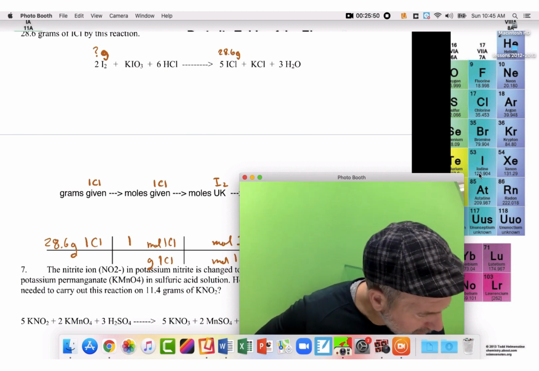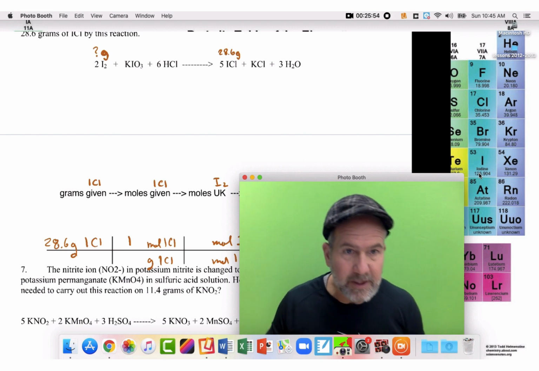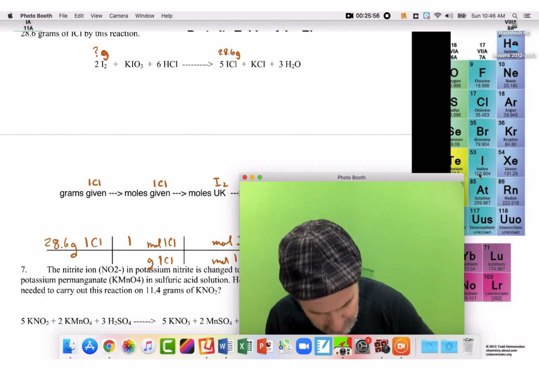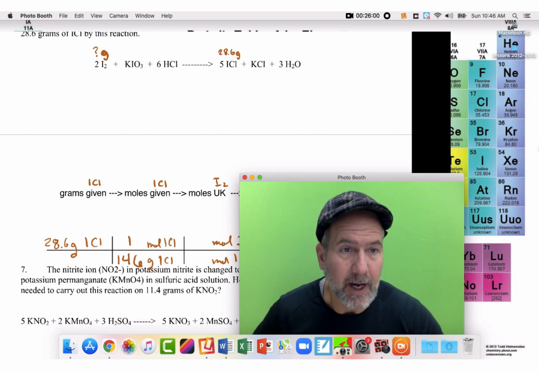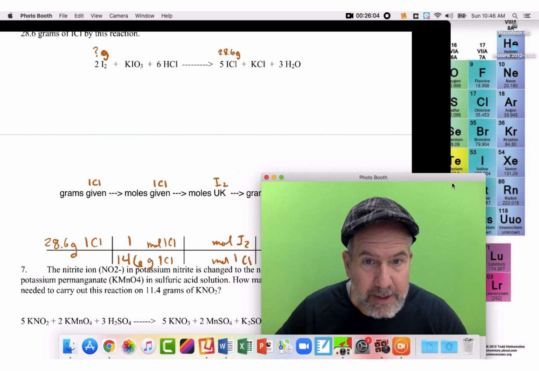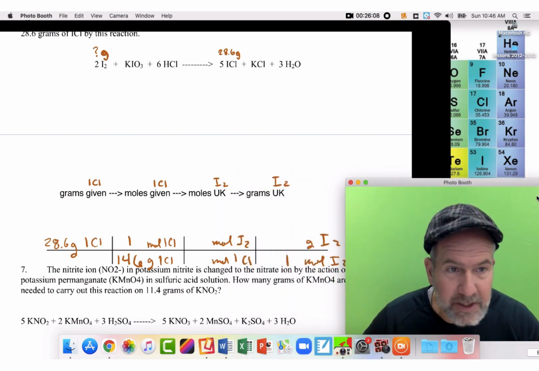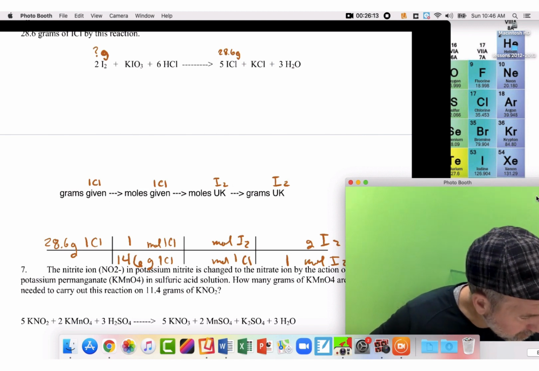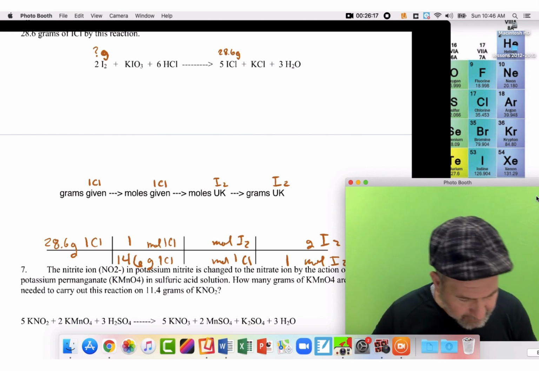So 19 plus 127 equals 146. Okay, let's look at I. I was 127, but it's I2 because it's diatomic, right? So when it's in that last form, it's not just 1, it's 2. So 127 times 2. 254.